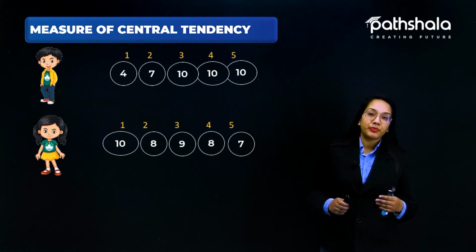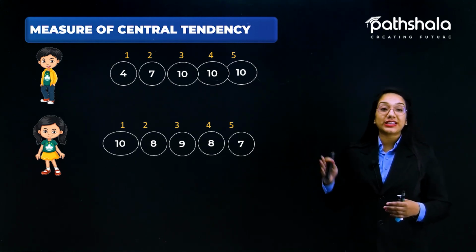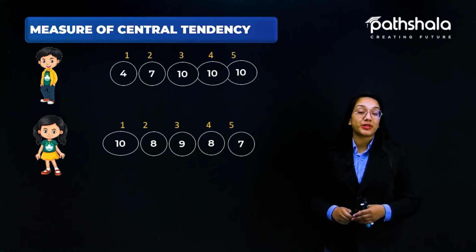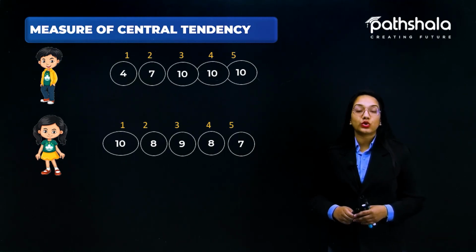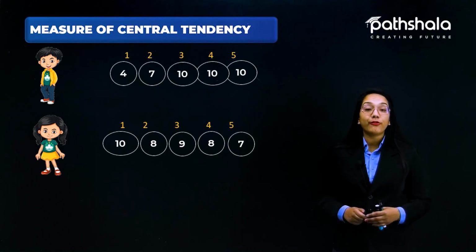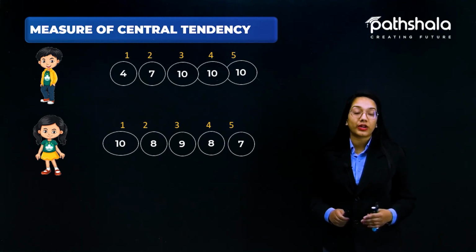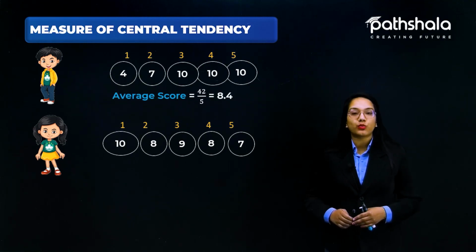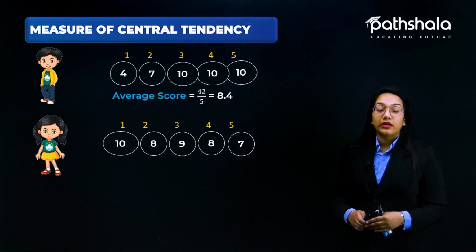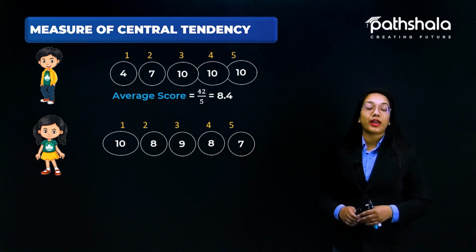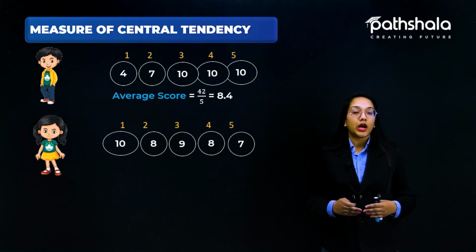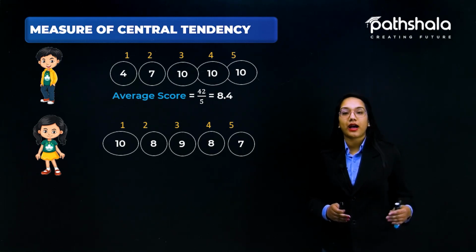Harry suggested a way to see whose performance is better in this test. They found the average score. The average score of Harry came out to be 8.4. We know the average score is the sum of all the scores divided by the total number of questions.